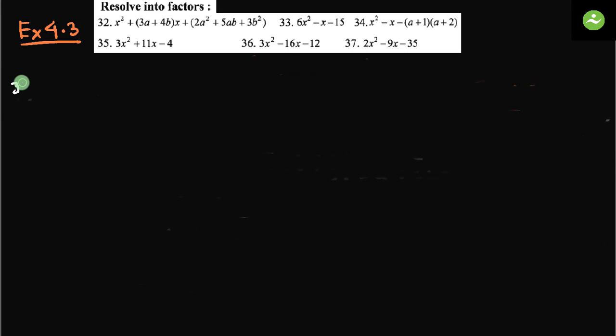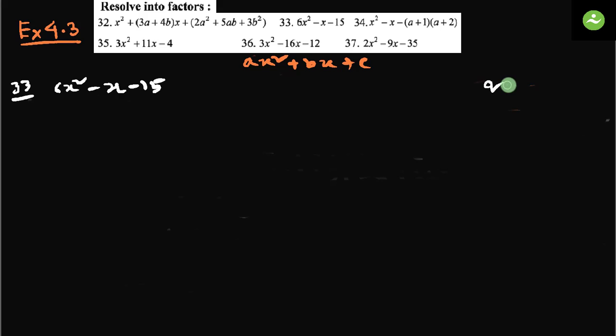Now number 33. 6x squared minus x minus 15. What form is it in? This expression is in ax squared plus bx plus c form. And here we know the q is 6 into 15.